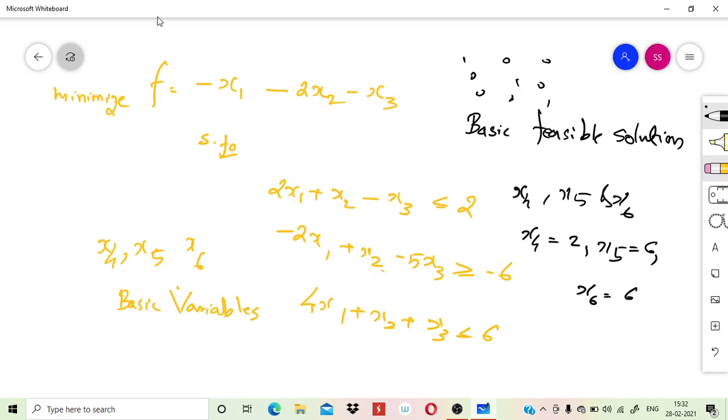By inspecting the basic variables x4, x5, x6 and minus f, we examine that it forms an identity matrix, right? Then we put the non-basic variables equal to 0, and we got the basic feasible solution in that case.